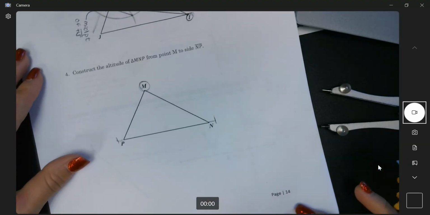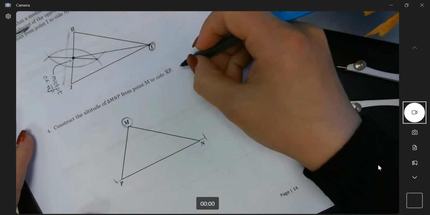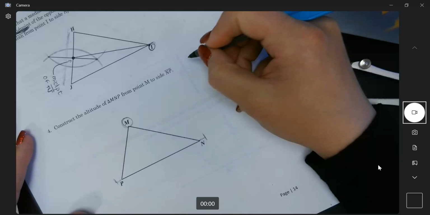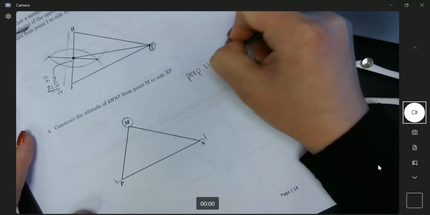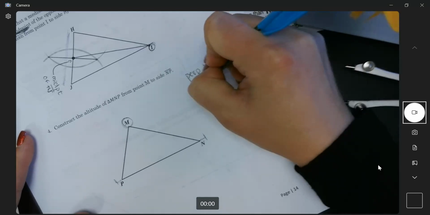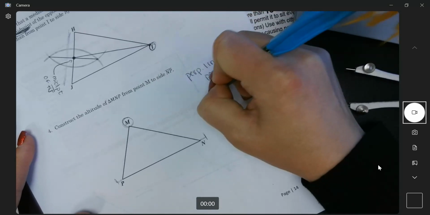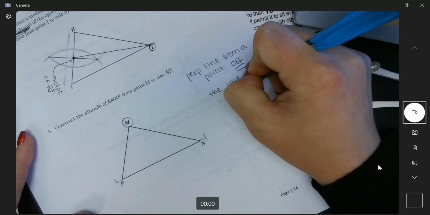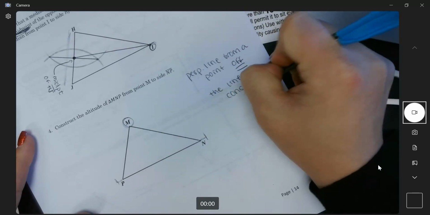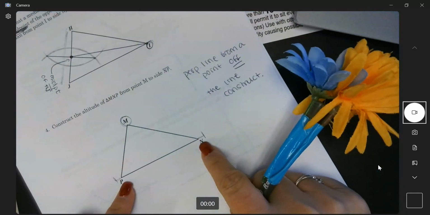We did this construction yesterday, we just didn't see it in a triangle. You're following the same steps as the perpendicular line from a point off the line construction. So M is the point that's off the line, and PN is the line that we're given.